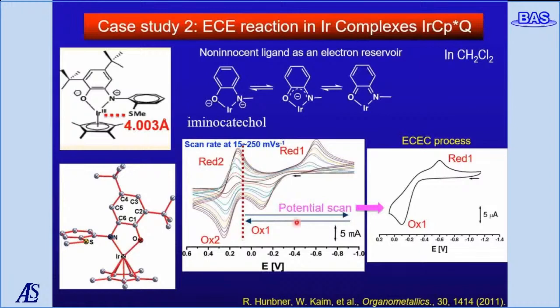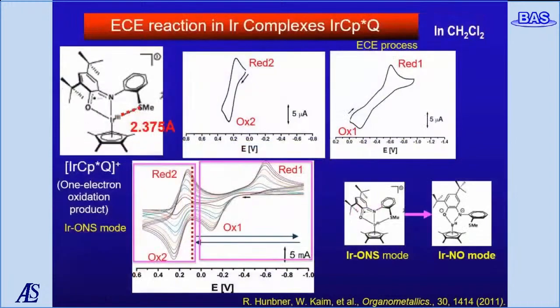The one-electron oxidized form after the irreversible process OX1 shows a reversible second oxidation OX2. When the scanning potential is inverted at 0 volt after the first oxidation OX1 and scanned in the negative direction, a peak is observed at -0.5 volt.